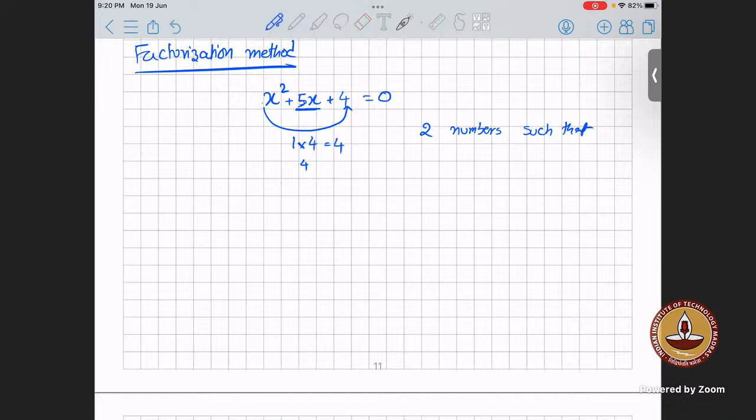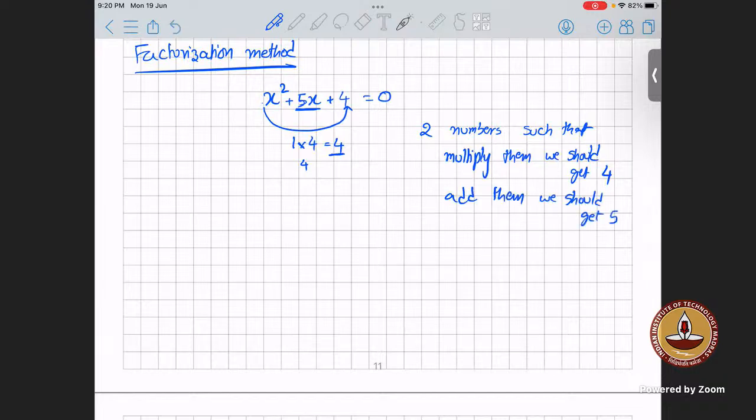Now we have to select two numbers such that when we multiply them we get 4, and when we add them we should get 5.